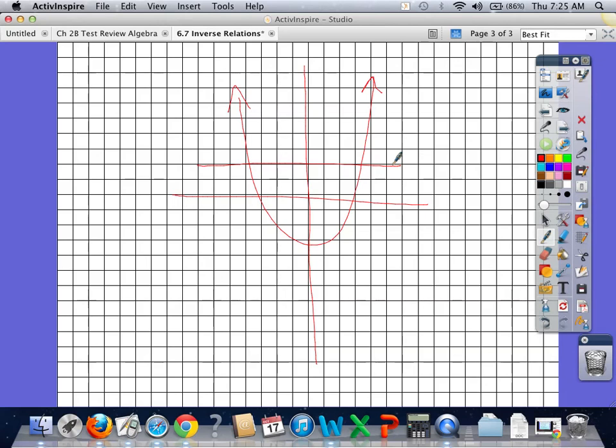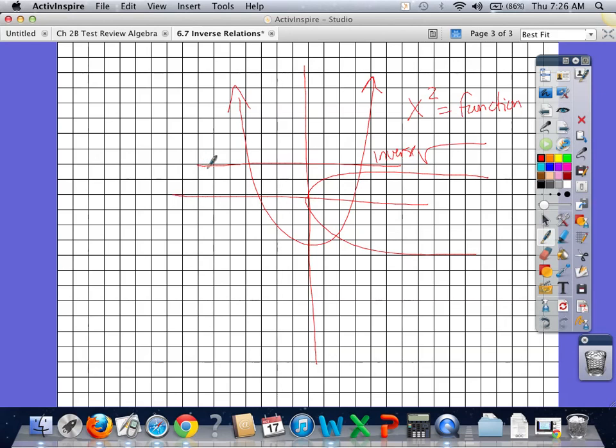We know that x squared is a function. Now, the inverse we found out the other day would be a square root because square roots undo squares. So this will be the inverse, and square roots start at the origin or wherever they're shifted and go this way. So that is why it will not be a function. So you can see physically that the original is a function, but the inverse won't be.